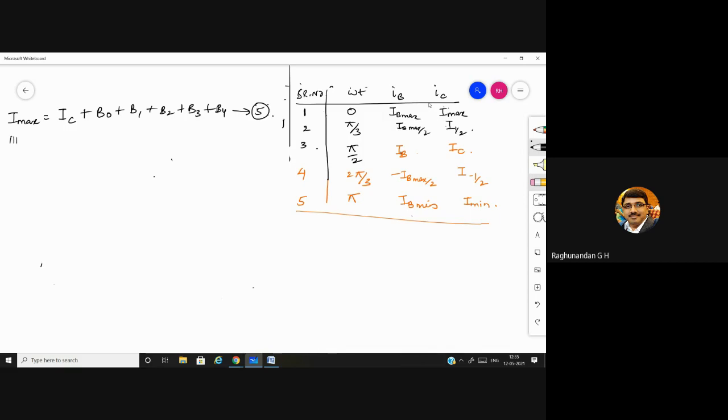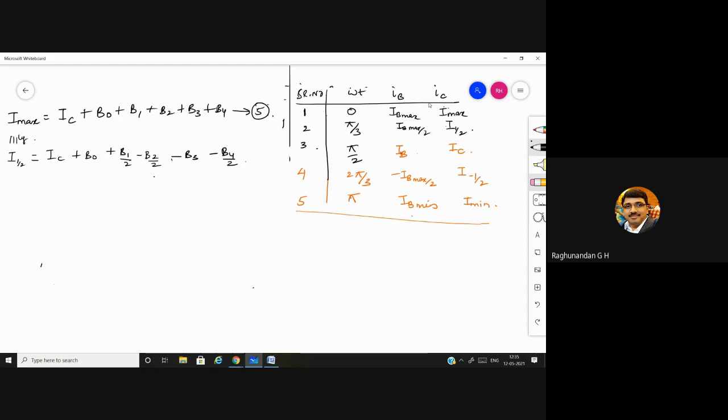Similarly, for pi by 3 and all, we have to write the equation. So we get IC plus B0 plus B1 by 2 minus B2 by 2 minus B3 minus B4 by 2.